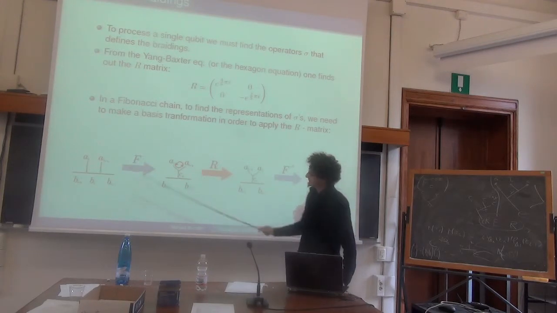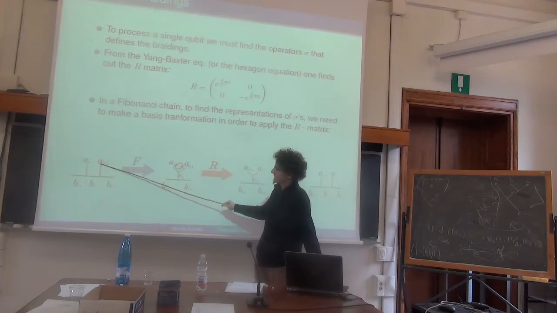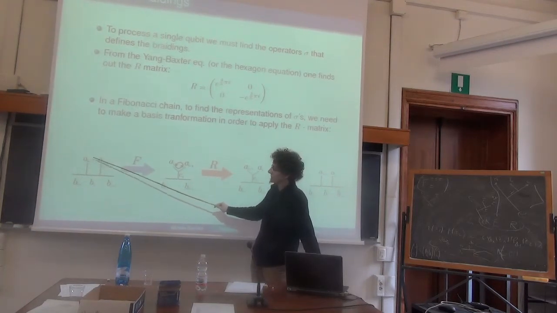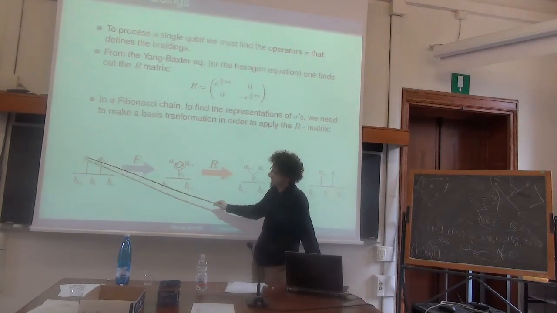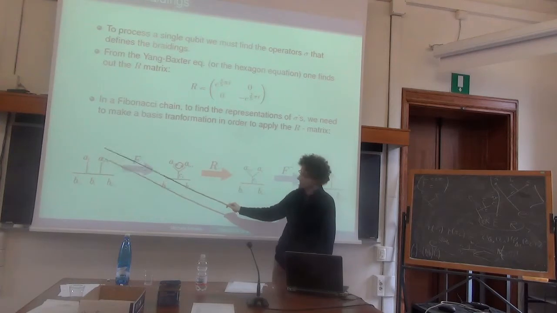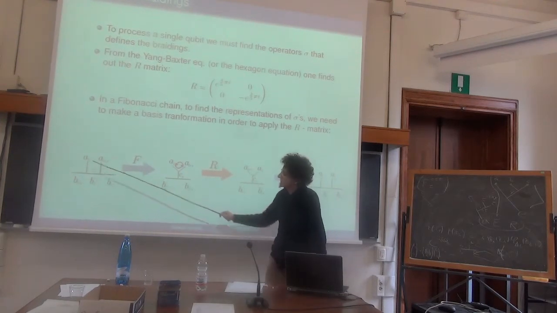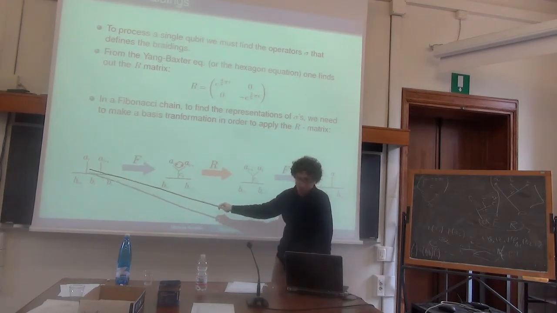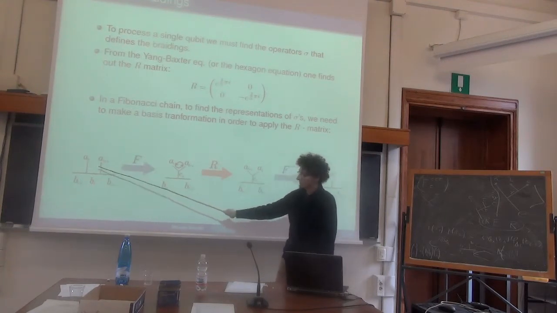However, if I start to have, let's say, 3 anyons here, and I am diagonal for the first 2 of them, and I want to represent the matrix that describes the exchange of this with that, I need some basis change, because in principle, if they do not fuse directly together, this R matrix describing this exchange is no more diagonal.